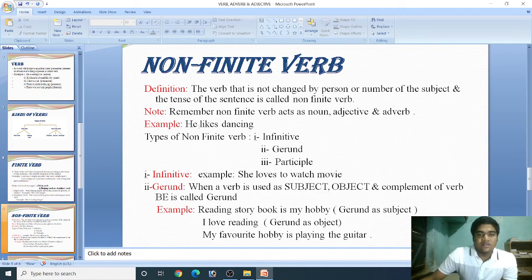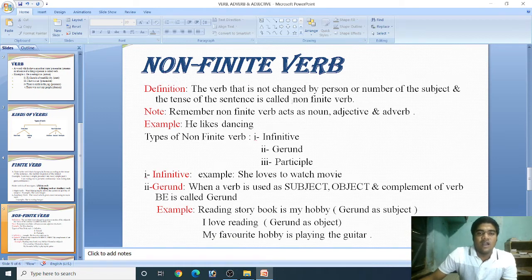But if I write he liked dancing, this is the simple past. So when there is a change in the tense of the sentence, there is no change in this verb, that is dancing. Dancing remains the same irrespective of the change in tense. This is what you need to understand in the case of a non-finite verb: it just does not change.